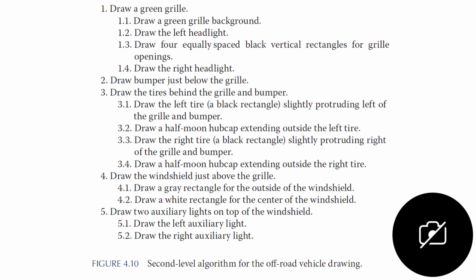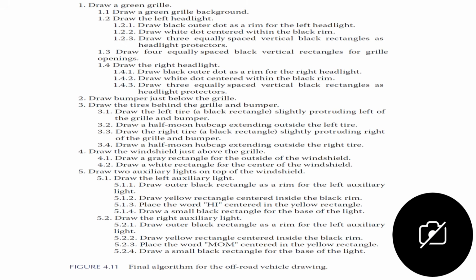The green grill வரையறதுக்கு background வரைஞ்சி அதுல headlight fix பண்ணி, etc. Similarly tires வந்து it should be projected, and the tire இன்னொரு ring போட்டிருக்கிறோம் protrude பண்ணி. So when you explain the sub-steps, now this becomes a second level algorithm. Similarly, you can have other levels. So when I say draw a white rectangle, you can be very specific about how you are going to draw it. Or draw left auxiliary light, you can even be more specific.